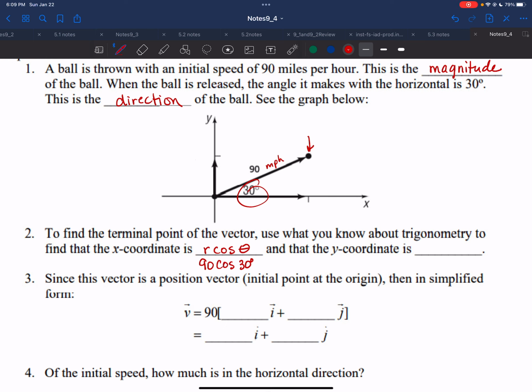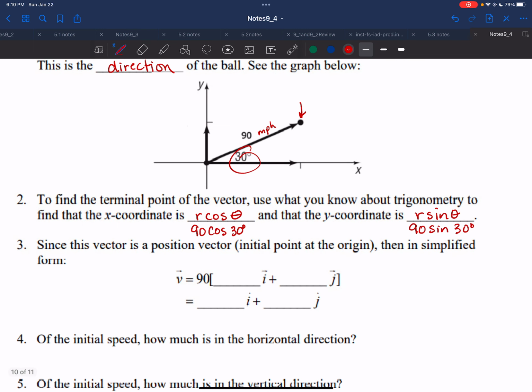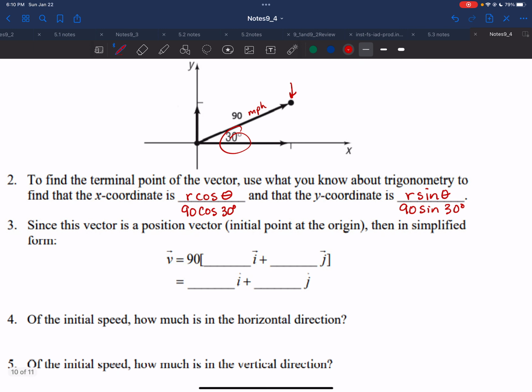And then the y-coordinate is going to be r sine theta, and that'll be 90 times the sine of 30 degrees. So let's go ahead and write this. We've got 90 times the cosine of 30, i, so that's my x direction, and then sine of 30 degrees, j. And then I distribute that 90 through and do the math.